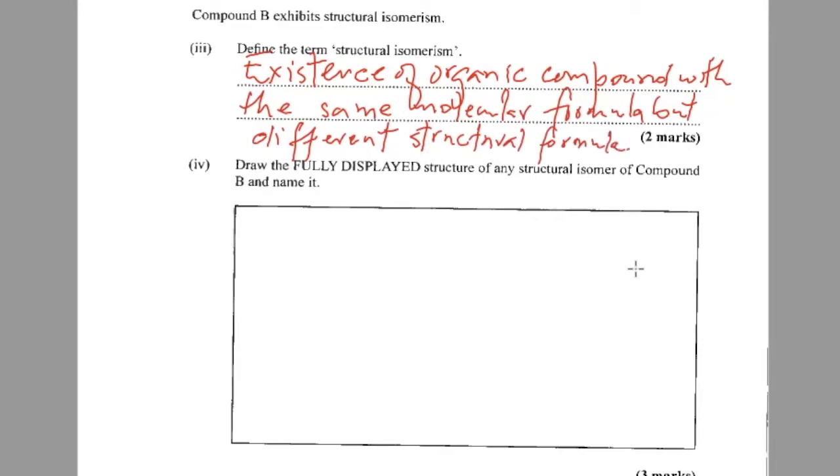All right, and they want us to draw the fully displayed structure of any structural isomer of compound B and name it. So let us just draw back what compound B is so we can have it as reference. So we're given this compound B is what we have here on the side.